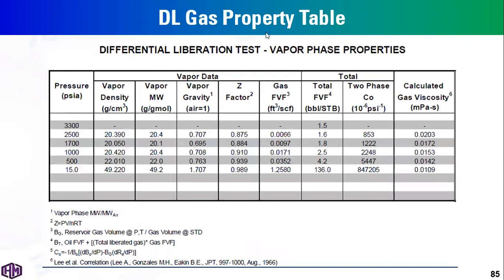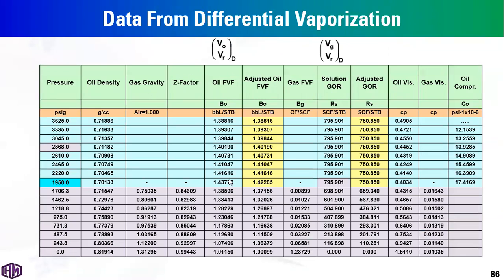Similarly, for the gas property table, we can calculate all of these parameters against pressure up to the standard pressure, 14.7 psi absolute or 0 psi gauge. Additionally, this is the standard or final data you can receive from the PVT lab from the differential liberation experiment.